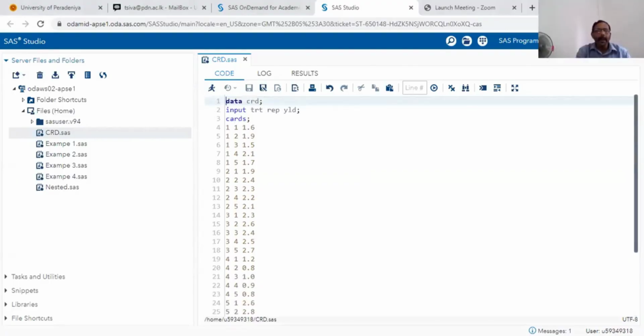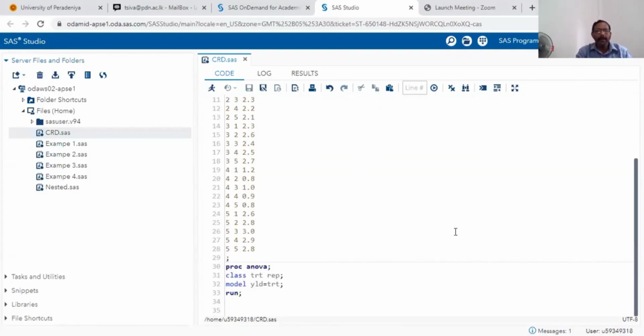So this is the same program, CRD. Data input, we have treatment, replicate, and yield. Then the cards. If you can go through the data, at last we have the program like ANOVA.